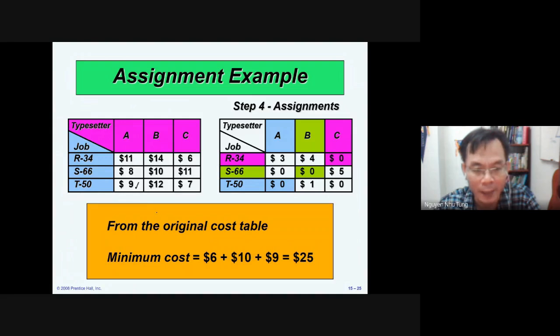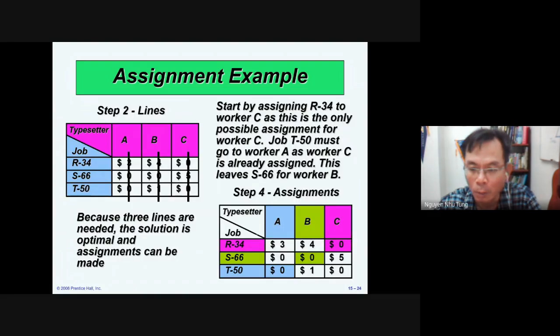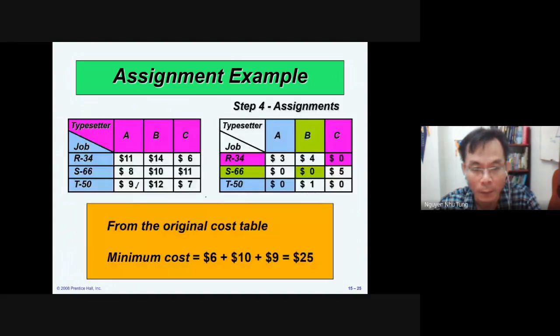It takes B $10 to complete S66, and it takes C $6 to complete R34. So 6 plus 10 plus 9 equals 25. So 25 is the minimal cost for assignment using the assignment method.